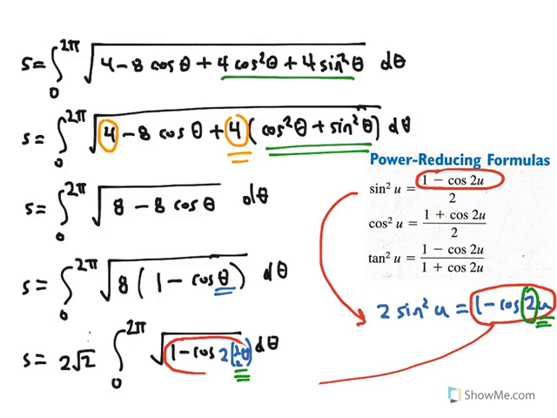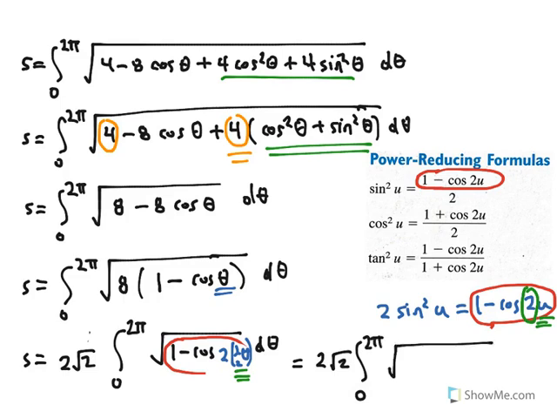So now we're able to make the following substitution to further simplify our integrand. We have 2 times the square root of 2 times the definite integral from 0 to 2 pi. And now we can write the square root of 1 minus cosine of 2u is 2 times sine squared u. So now we can write 2 times sine squared, and our angle u is 1/2 theta, or theta over 2.